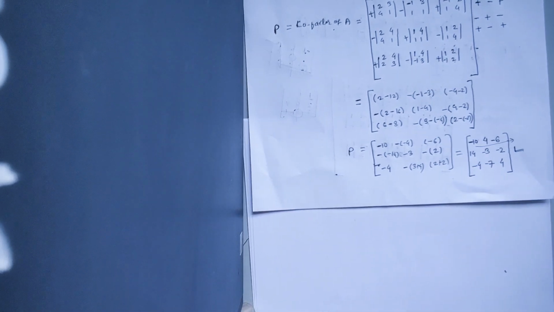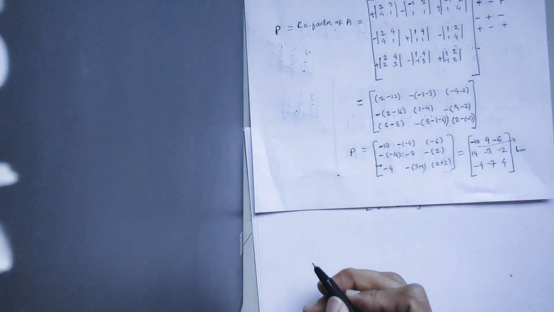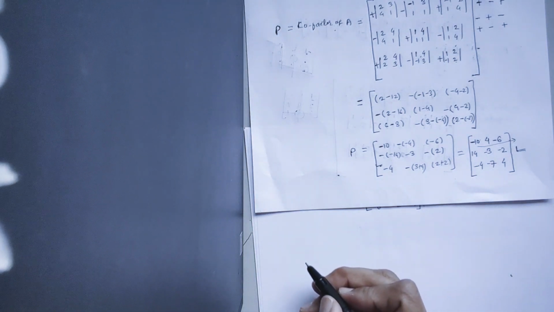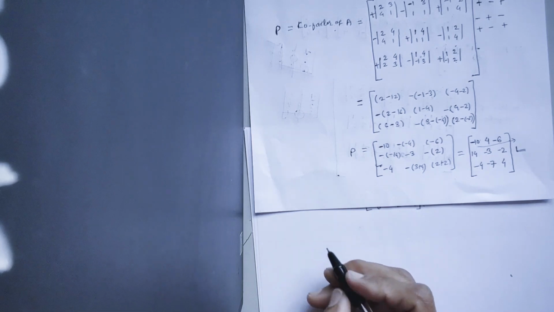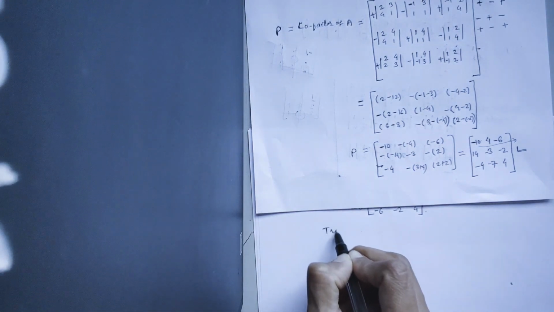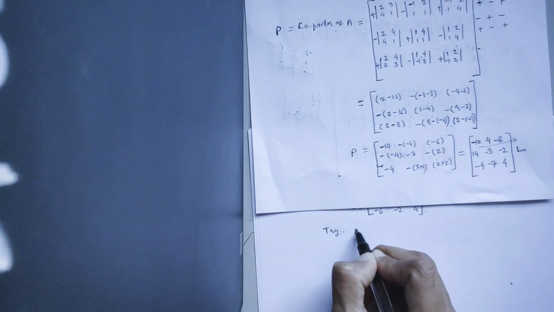Okay, I hope you understand it well. It's not that complicated. You just need to know how to find the adjoint of a matrix, and then everything will be easy and very simple for you, right? So try to solve some examples. Try this example and we will move to the next topic. So try this.